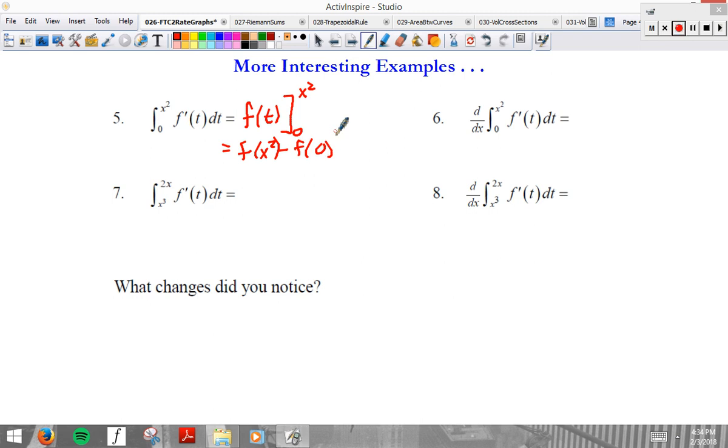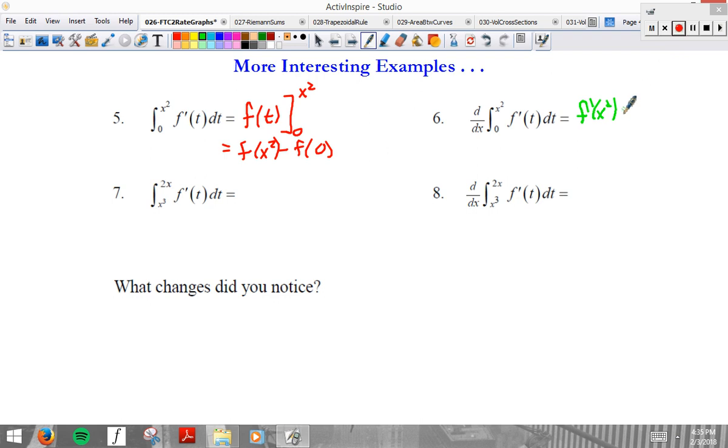Now we're going to take the derivative of that. The derivative of f of x squared would be f prime of x squared. I took the derivative of the outside, keeping the inside the same.